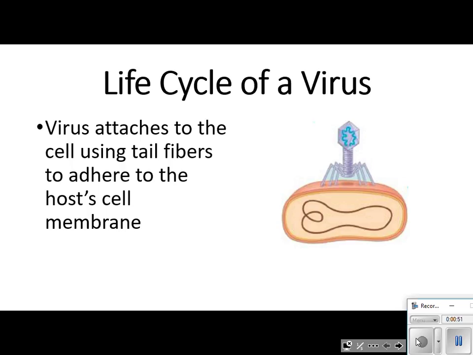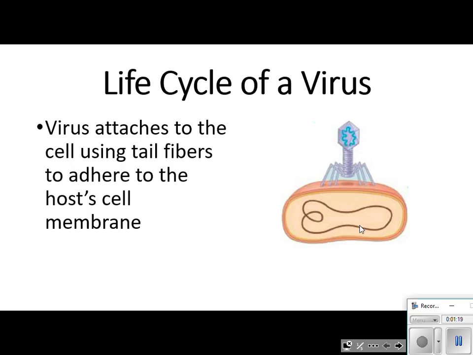So on this diagram here, this little light orange with a darker orange on the membrane, this is the host cell. And as you can see, inside the host cell, we have a maroon plasmid of DNA.